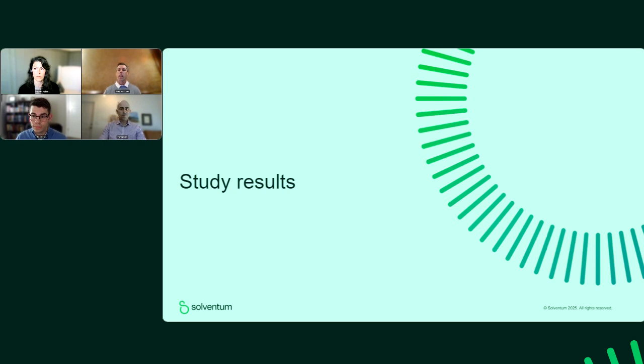Then CDI nurses review these cases and determine whether there's an appropriate opportunity to ask the physician a question or get more specificity around a diagnosis, modifying coding, which may impact reimbursement and risk adjustment. And that is a model we still use within Intermountain.